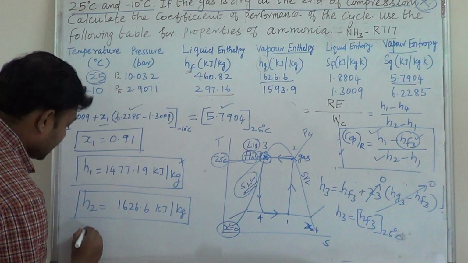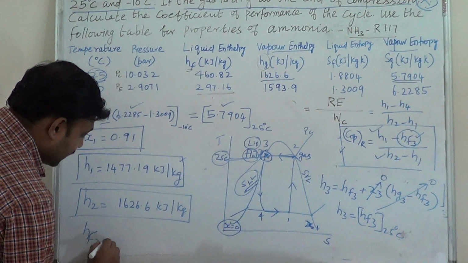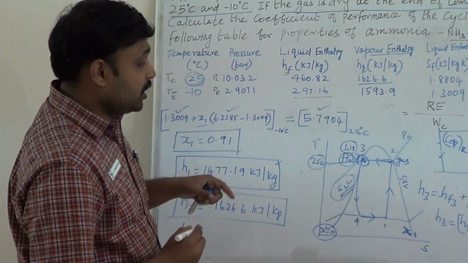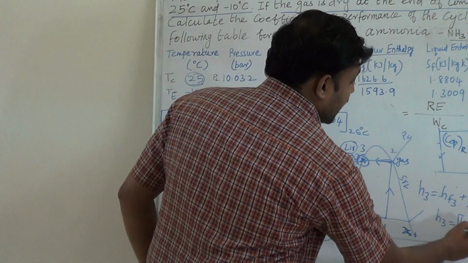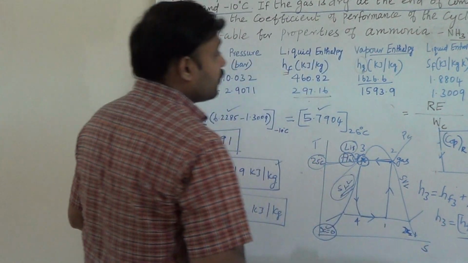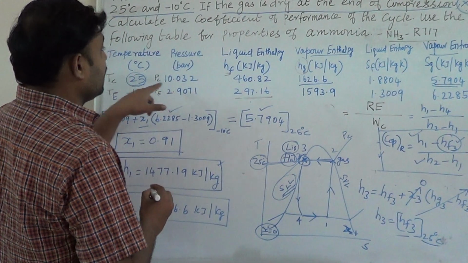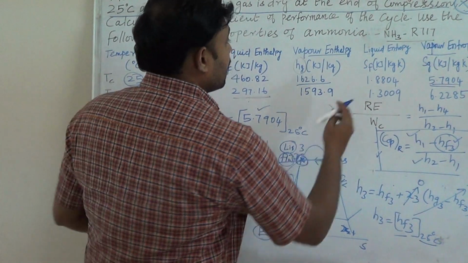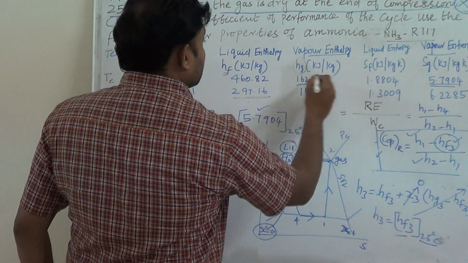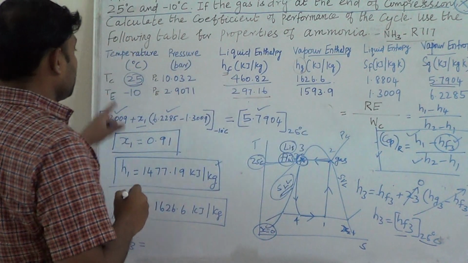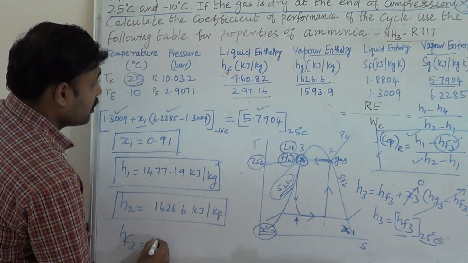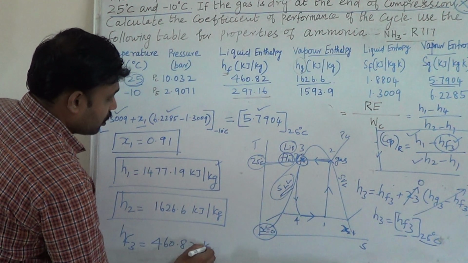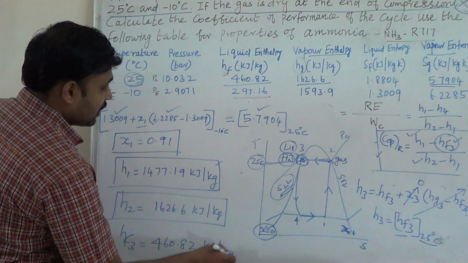So I can write the value of HF3 directly by getting the value from the table which is given. Corresponding to the 25 degrees centigrade, I have to observe the fluid or liquid enthalpy, which is 460.82 kilojoules per kg.